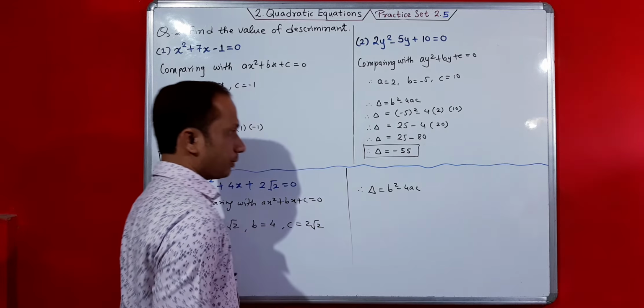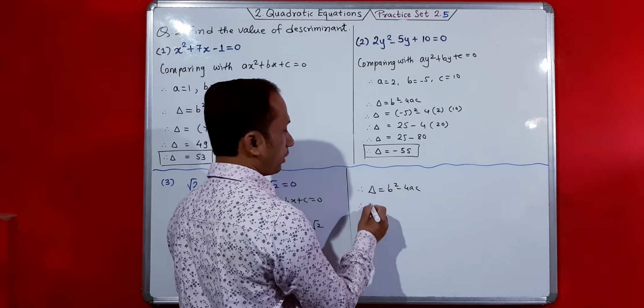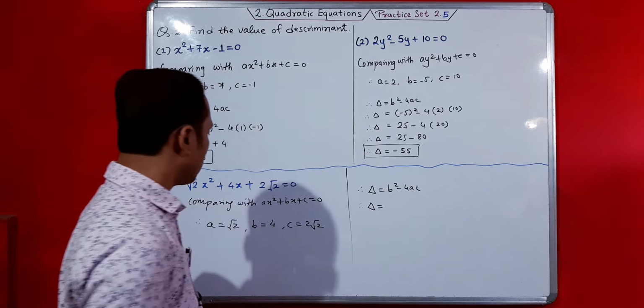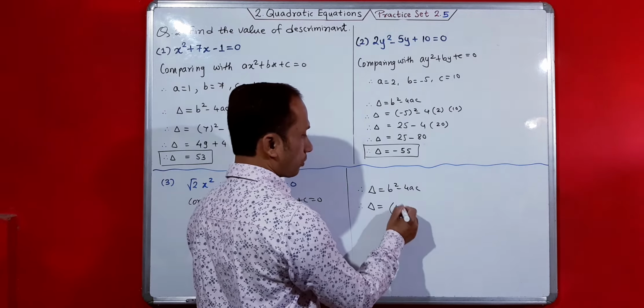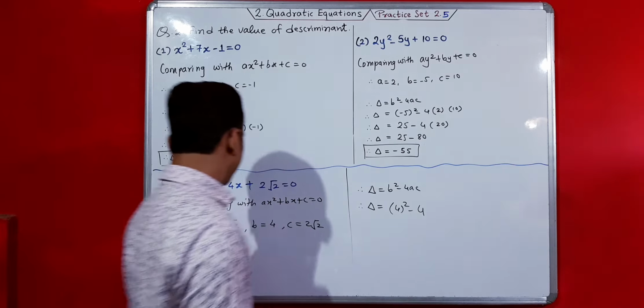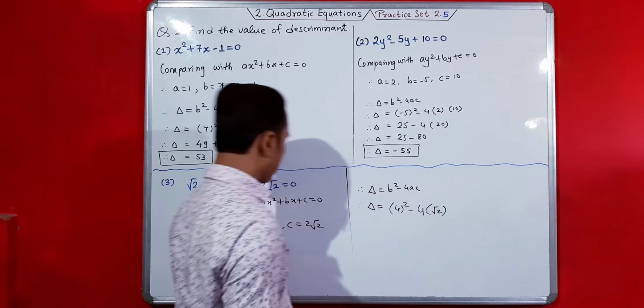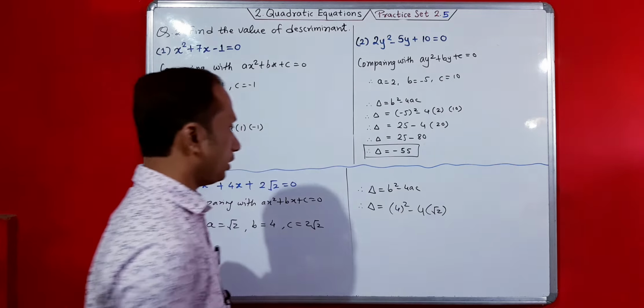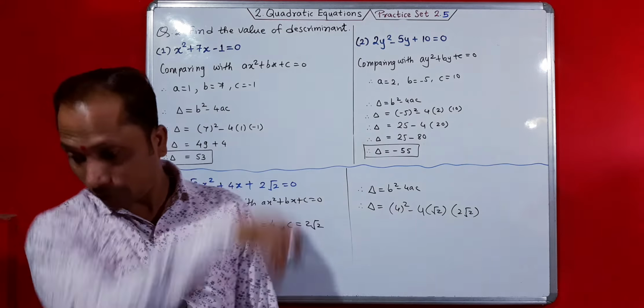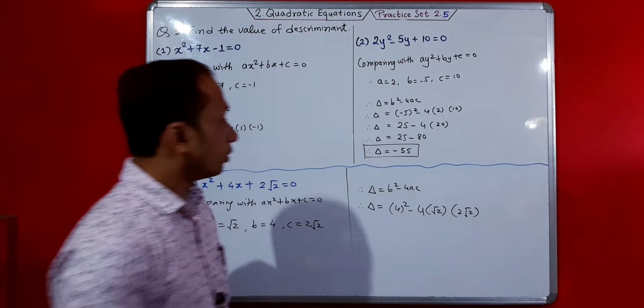Remaining part I am writing here. Therefore delta is equal to b square, means 4 square, minus 4 times a, which is root 2, and c is 2 root 2. So these are the values. Now do the calculation.